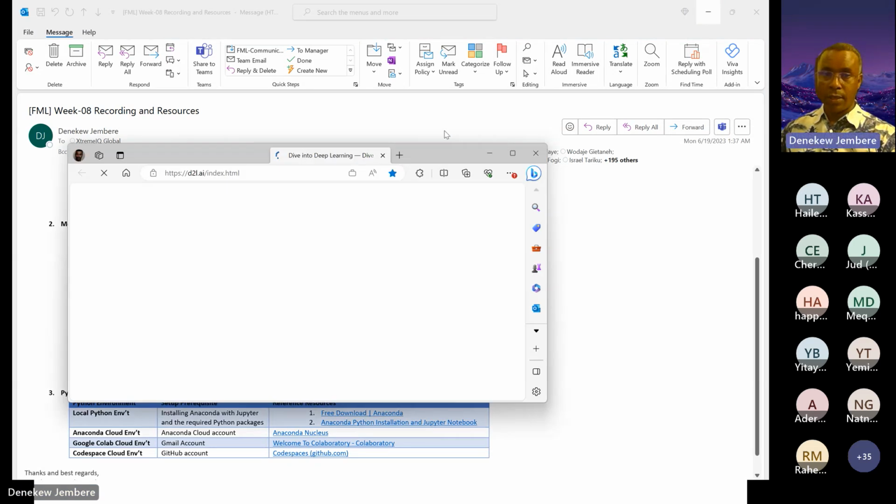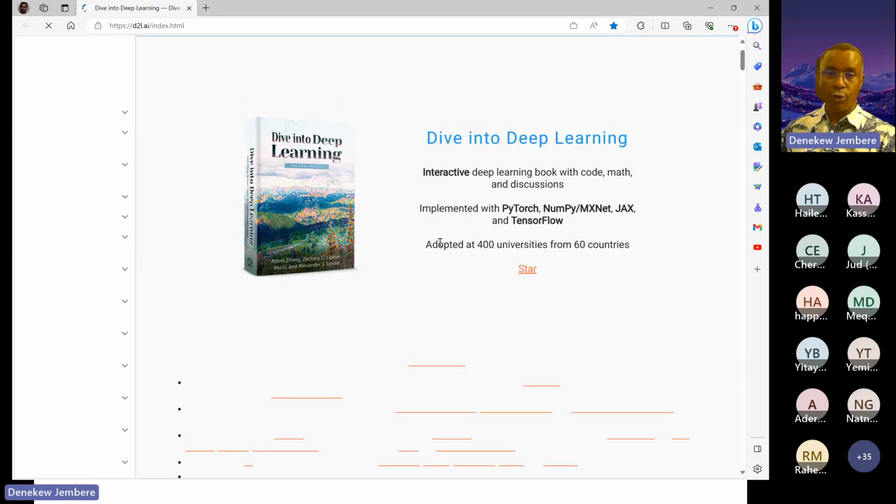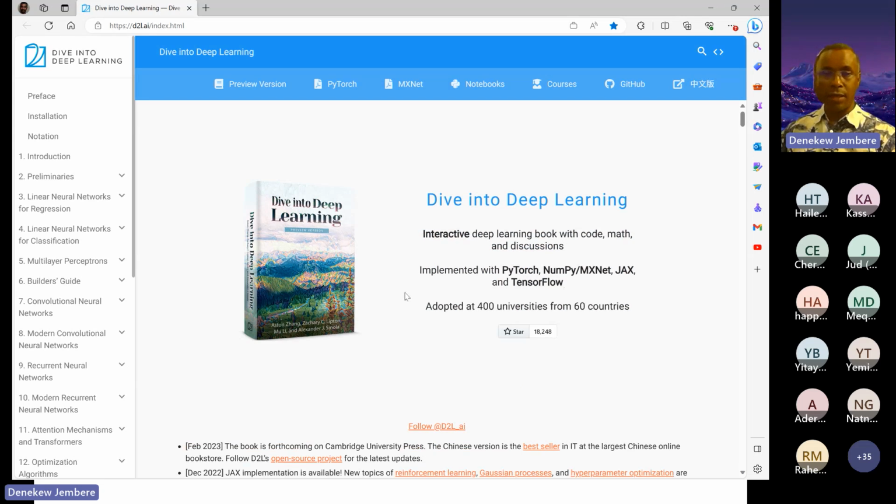This is the other book that I said is adopted at 400 universities from 60 countries, and it makes our universities part of these 400 universities, and you can benefit from using it.